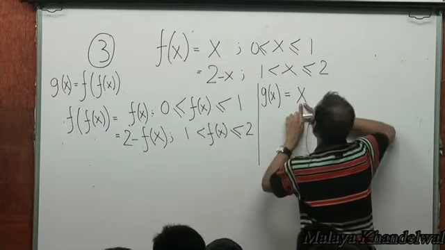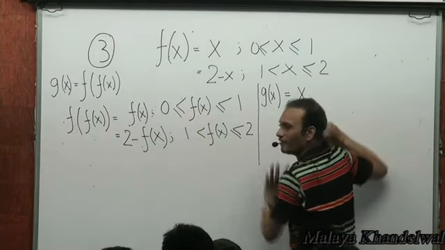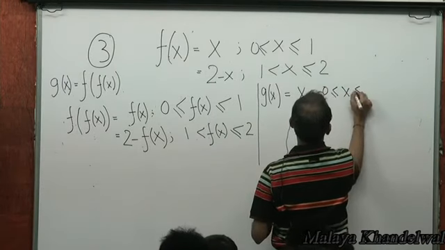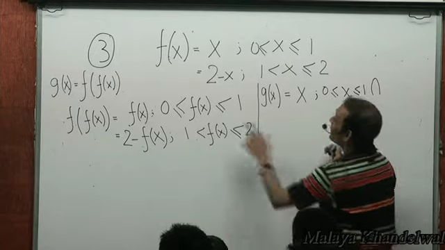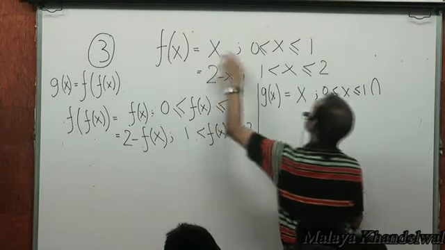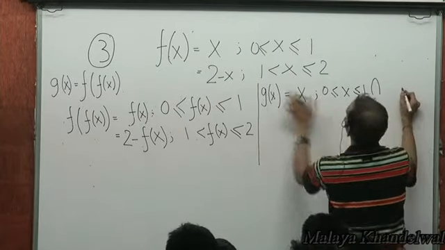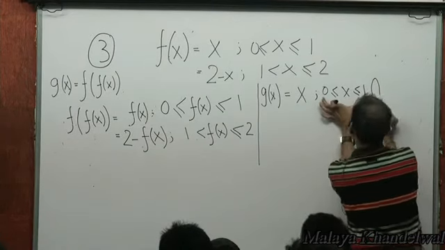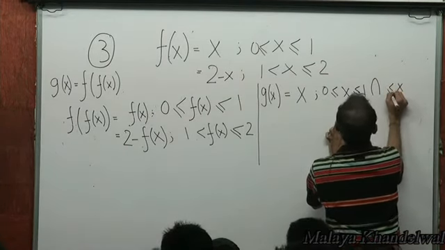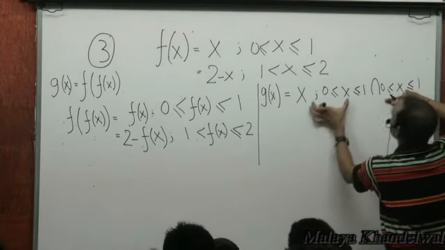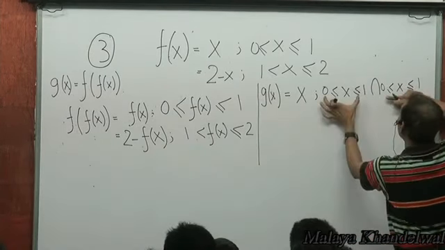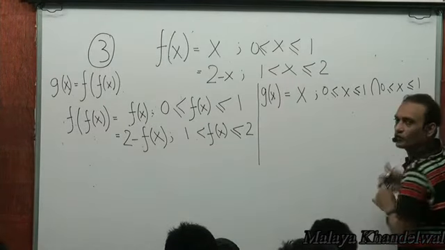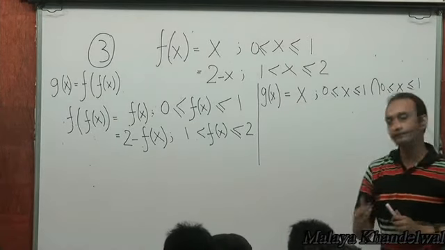So if f(x) has been chosen as x, then this x must lie between 0 and 1. So it so happens that if f(x) is chosen as x, then x must lie between 0 and 1. So this condition, along with x greater than or equal to 0, less than or equal to 1, it so happens that they are the same. In the next line, for example, they will not be the same, which you will realize. So the intersection of these two conditions is x greater than or equal to 0, less than or equal to 1. Yes or no?